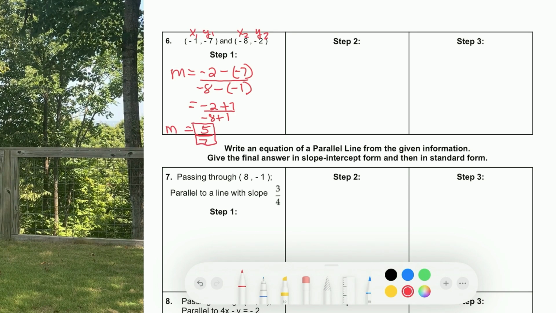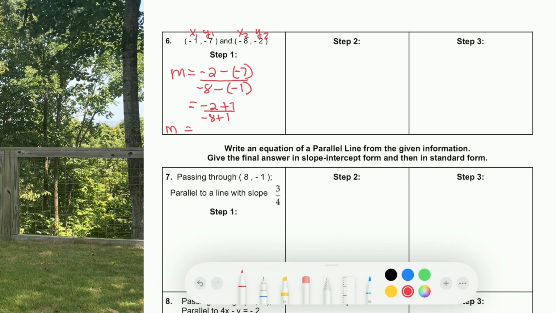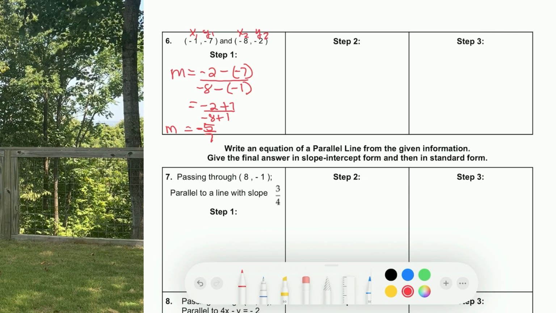Oh, you know what? I just noticed we have a negative 8 there, which means when we took the difference there, we had a negative number. So make sure we correct that. It's actually going to be a negative 5/7 for our fraction, because our 7 would have been negative. All right, so that's our slope.